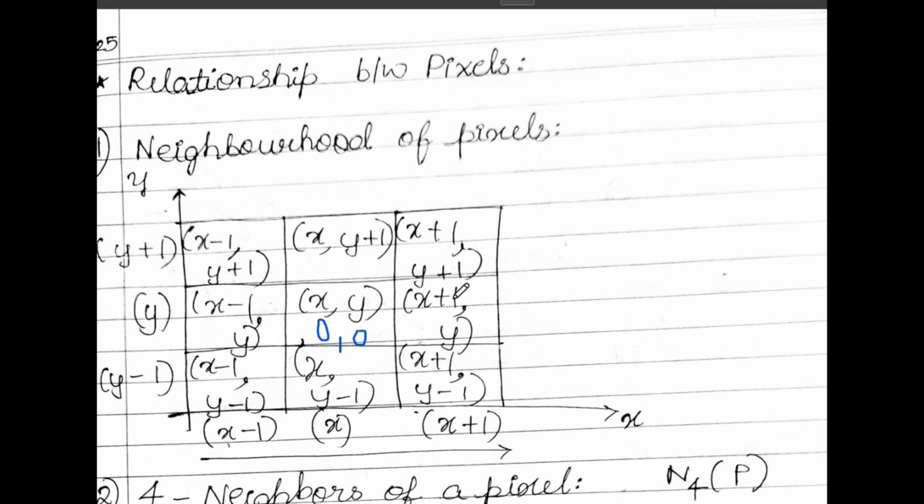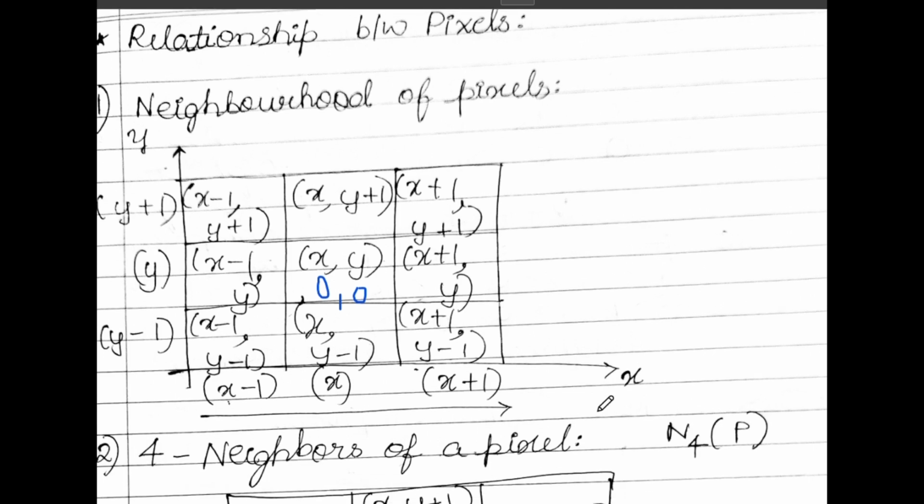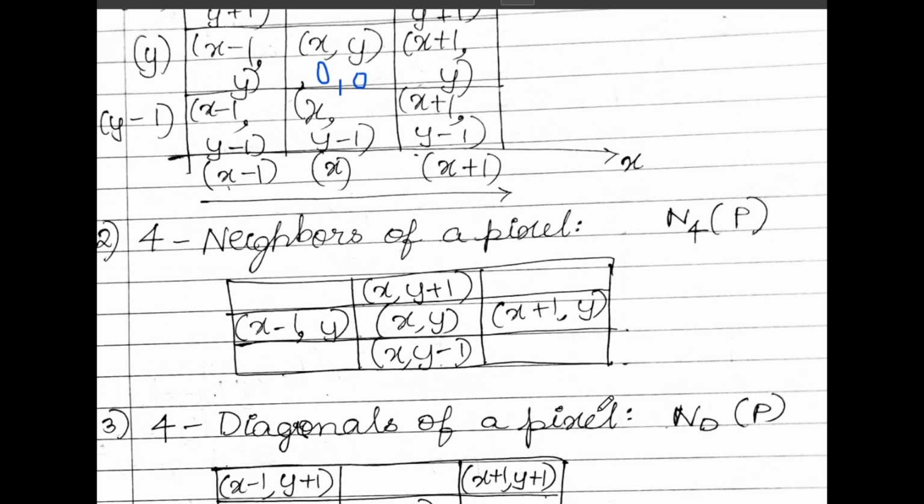So here it is x plus 1, y. Here x plus 1, y plus 1, x, y plus 1, x, y minus 1, and it keeps on increasing as the pixel values keep increasing.